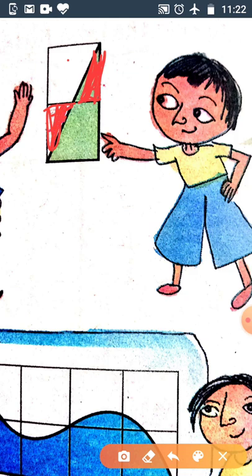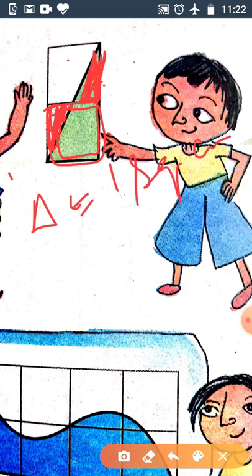Then this place will become vacant and this will be a complete square. So the area of the triangle is 1 complete square, which means 1 square centimeter. Okay, this is the area.